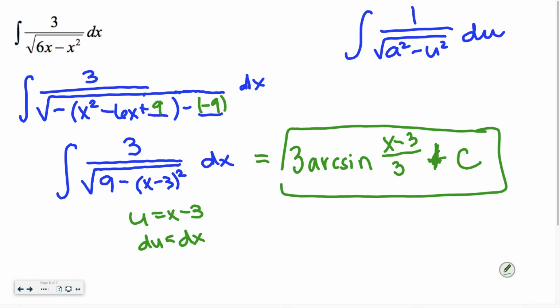Do you have a question about completing the square? If you get to your homework tonight and you forgot, you could always come back and reference this video, and recall how we got the numbers here.